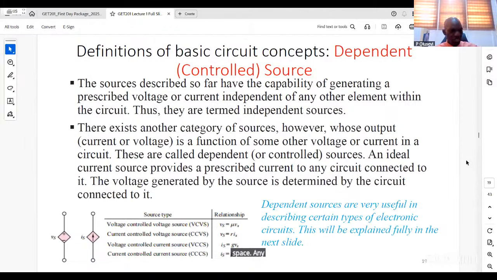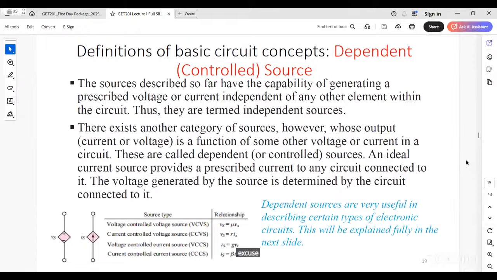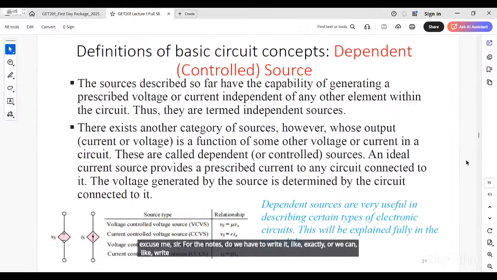Any questions still? Any question, please? Excuse me, sir. Go on. For the notes, do we have to write it exactly, or can we write it in our own way?